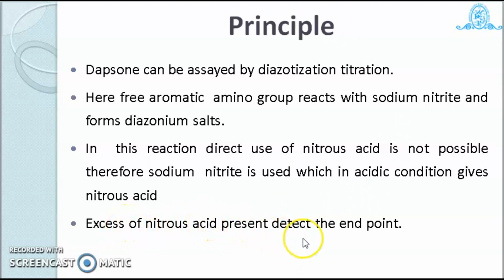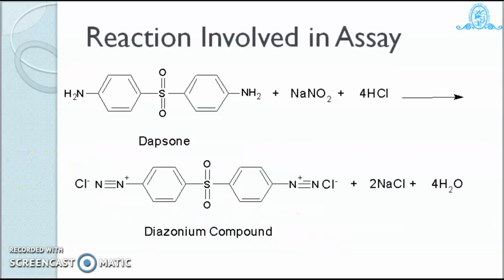Excess nitrous acid present can be detected as the end point. In the reaction involved in the assay, you can observe Dapsone reacts with sodium nitrite and hydrochloric acid to form a diazonium compound along with NaCl and water.